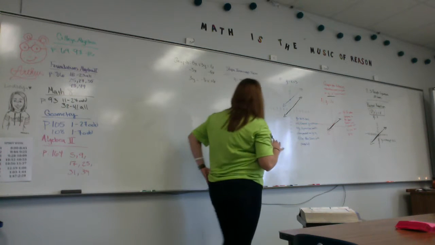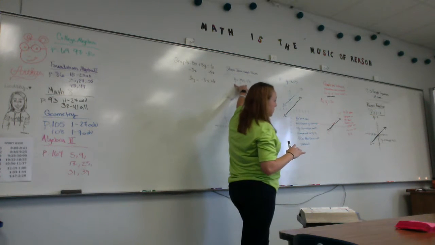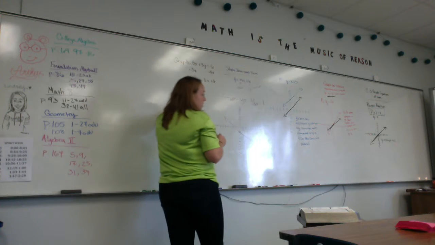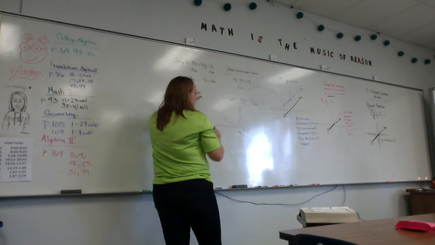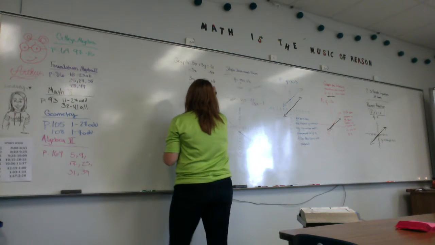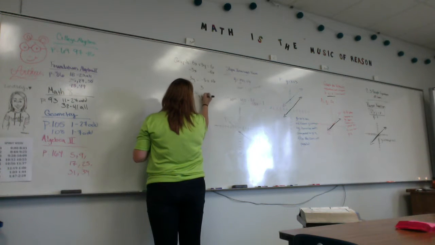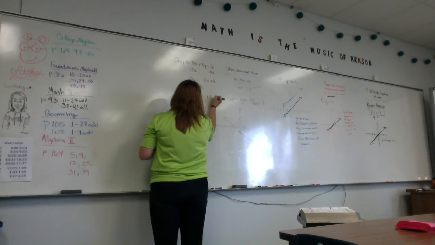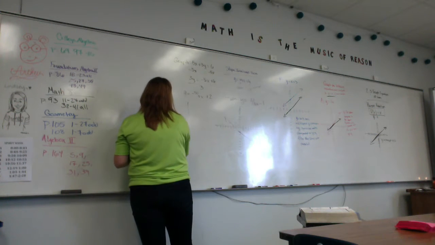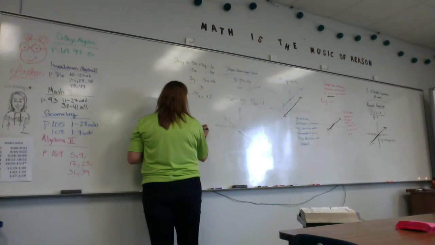Now, I'm basically into this y-intercept form. All I have to do now is do what to get rid of the 3? Divide it. Good. So then I divide it and I get y equals negative 5/3 x plus 2. Now I can graph because now it's in y-intercept form.